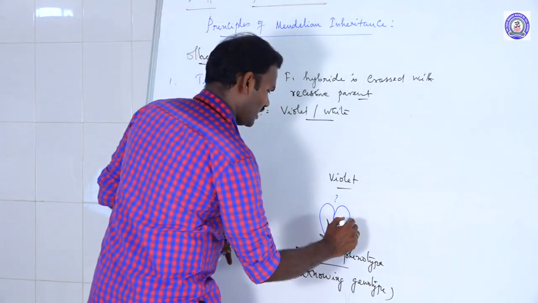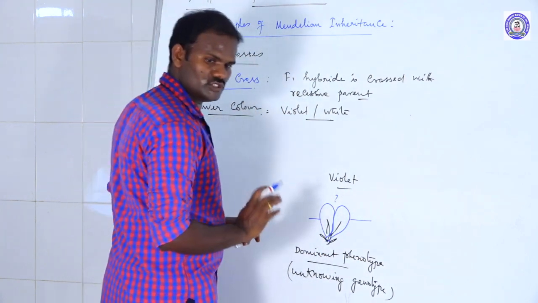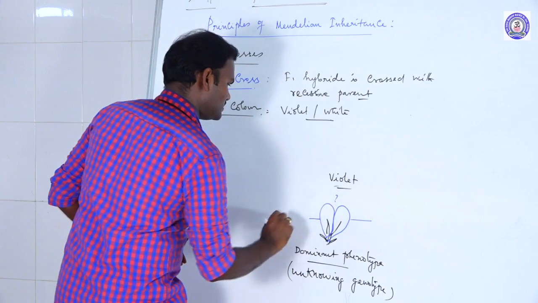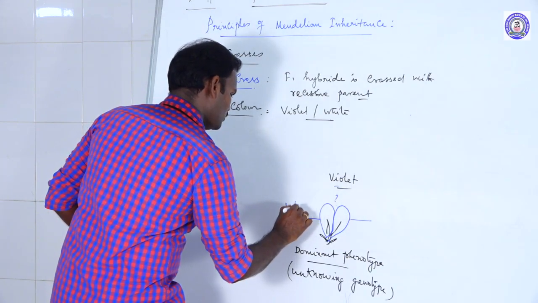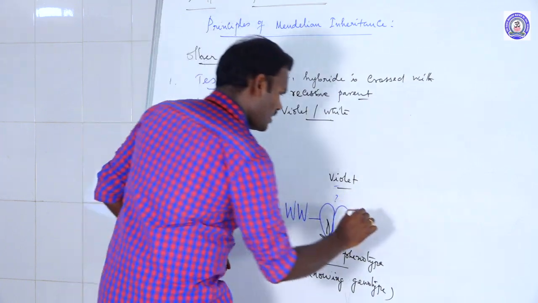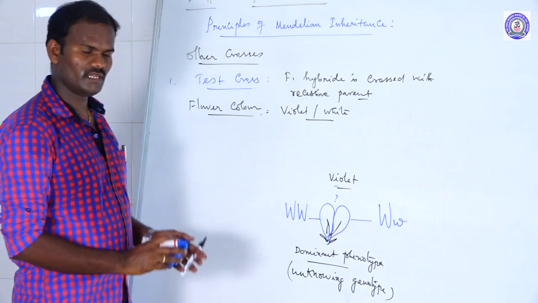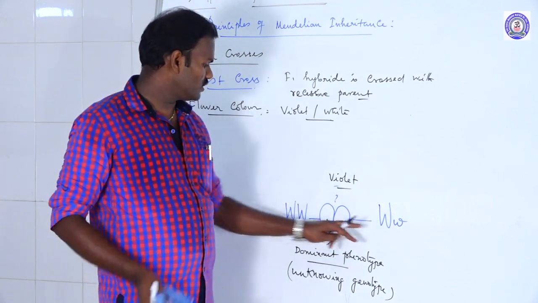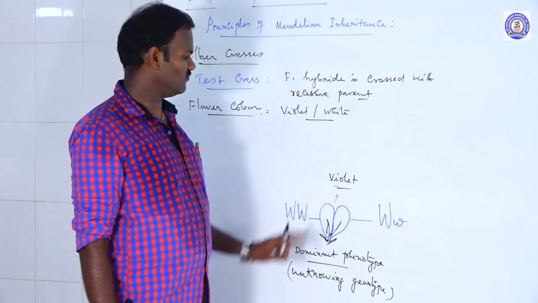The dominant phenotype is controlled by two genotypes. The violet dominant character is either capital W capital W or capital W small w. These are the two genotypes responsible for controlling the dominant violet.